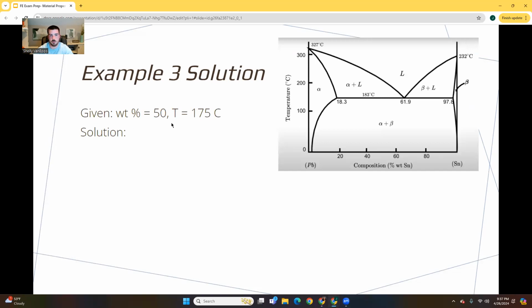Our givens are the weight percentage of 50% and a temperature of 175 degrees Celsius. So let's mark that here on the diagram. We want 50% composition, and we want roughly 175 degrees Celsius.